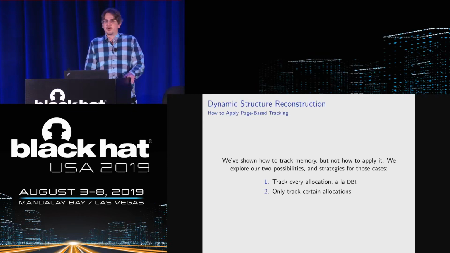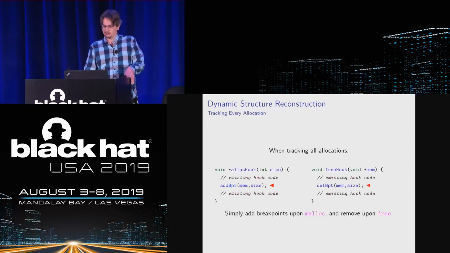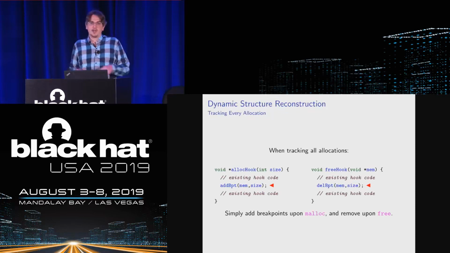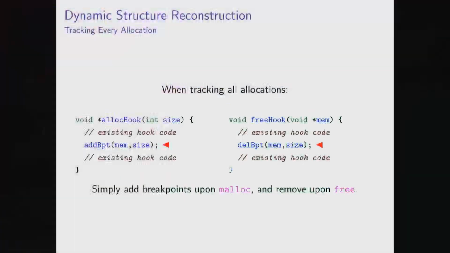So we could either go the DBI route and just track every allocation in the program, or perhaps we could track only certain allocations. If we're going the DBI route of just tracking everything in the program in one execution, then it's pretty simple to accommodate. We just add a breakpoint based on paging in the allocation hook, and in the free hook, we just remove that breakpoint.